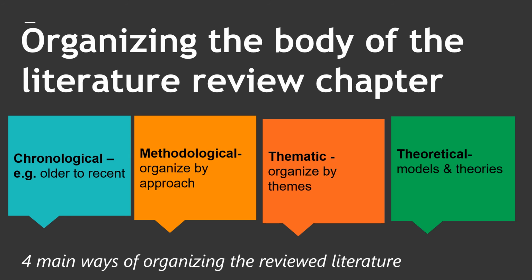This is what we call theoretical organization of the literature review. So you choose a way of organizing literature which makes sense to you or which is typically acceptable in your field. But these are the four main ways of organizing the literature review chapter of your dissertation.